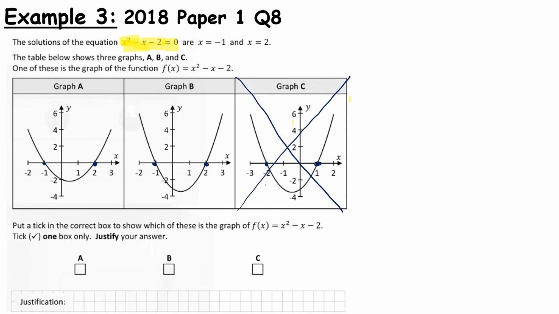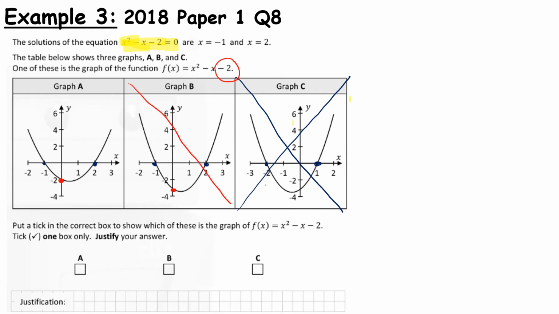The easiest way to do this is to focus on the constant, the number without an x in the equation, that is minus 2. That will always be represented on a graph as the y-intercept. So in graph A, the y-intercept is minus 2, while in graph B, it looks to be about negative 3.